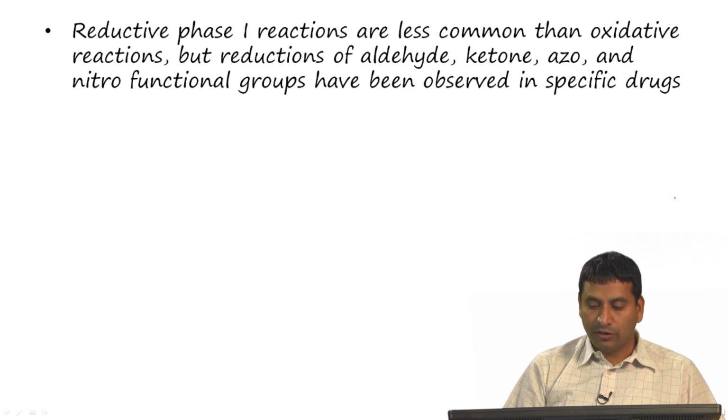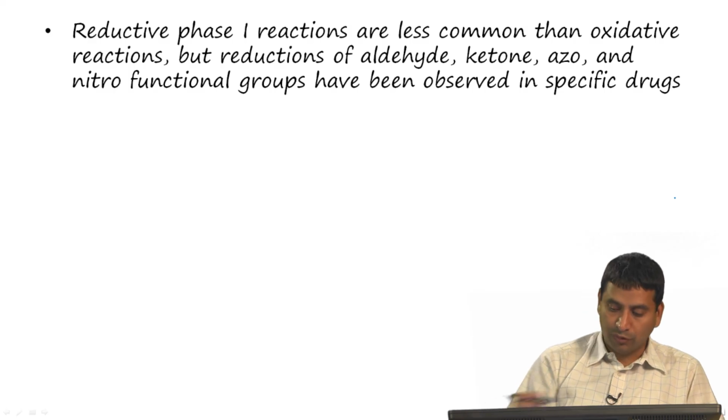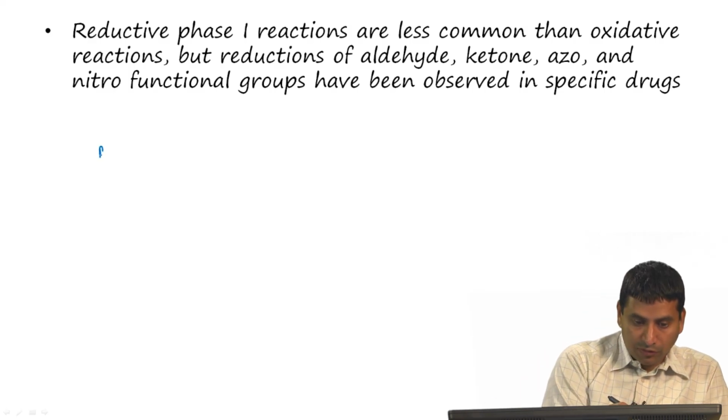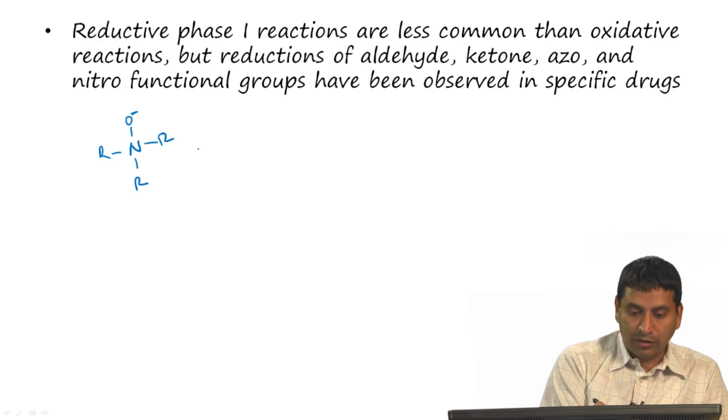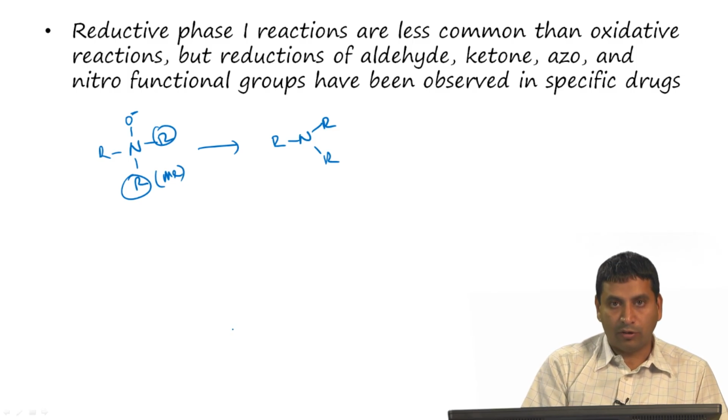As I mentioned earlier, you can also have nitrogen based compounds undergoing reduction. So, you can have N oxides, which we looked at previously, going to R N R R, and these are typically methyl groups that are quite common.